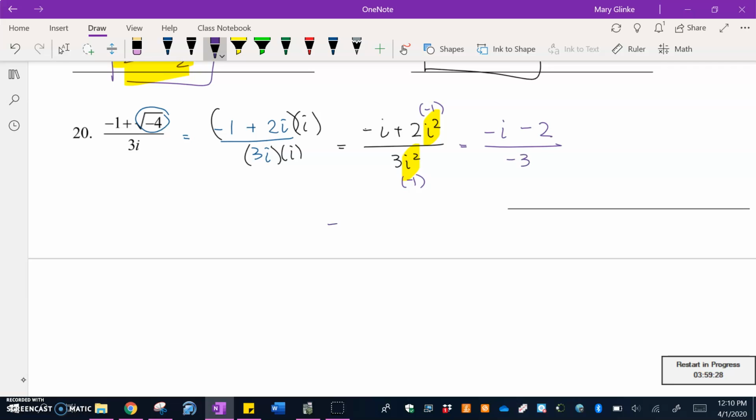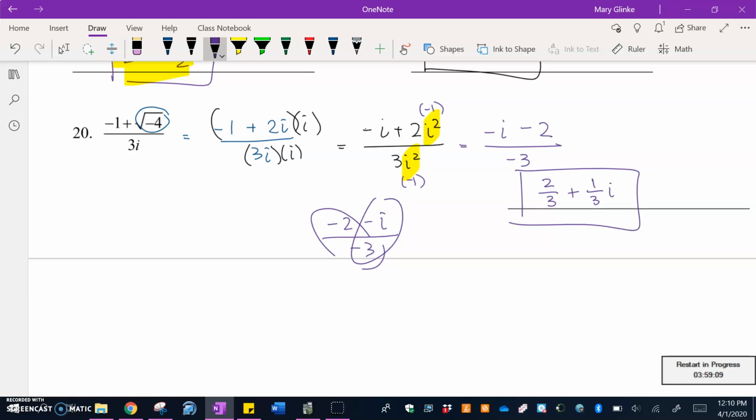I'm going to rewrite this in a plus bi form, meaning I'm going to switch the top and put the real part first and the imaginary part second. And I'm going to then reduce each of these fractions where possible. So this is going to become a positive 2/3 plus a 1/3 i, or i over 3.